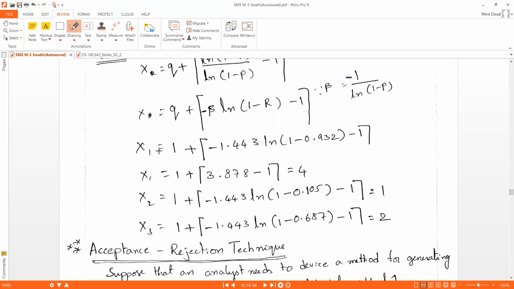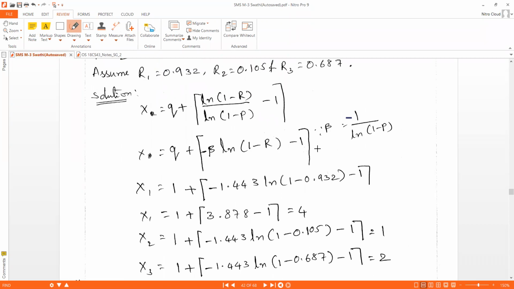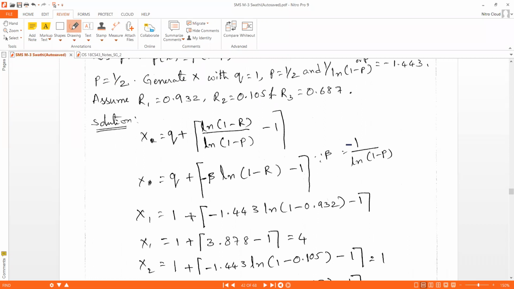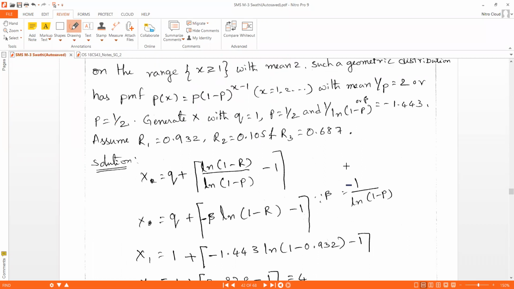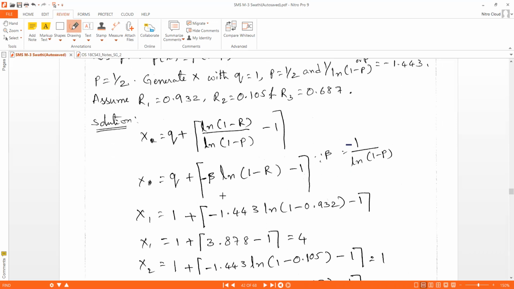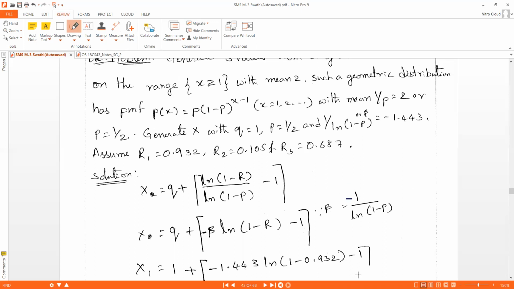So now we need to find the random variates. x1 is equal to, what is the q value given in the problem? Q value is given as 1. We will write 1 plus, what is the beta value given in the problem? The beta value is given as minus 1.443. Next ln of 1 minus r. What is the r value?